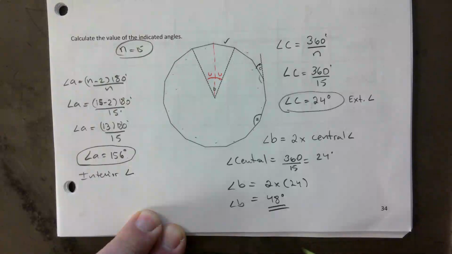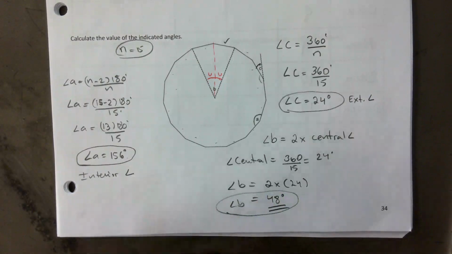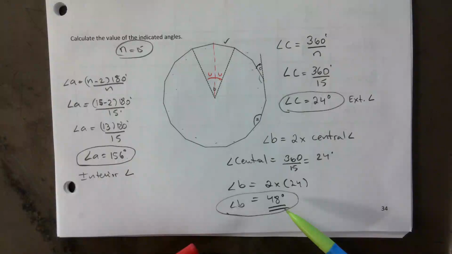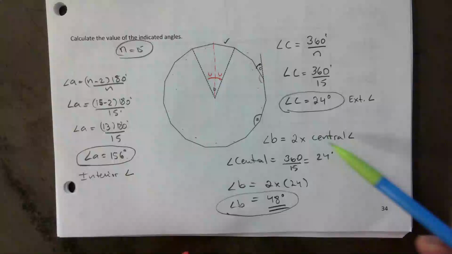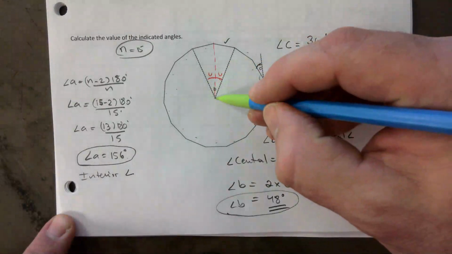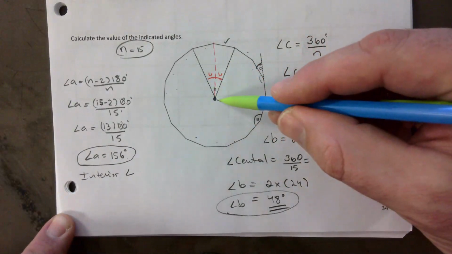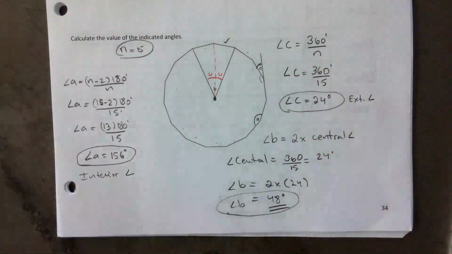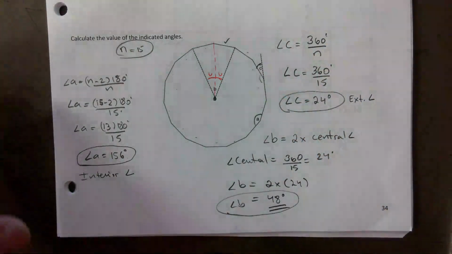We don't have a name for it, to be honest. Like B is just an angle in this case. We cannot say it's the central angle, but we can say it's 48 because we recognize, how did we even come about central angle? We recognize that this is the center, right? And so that's why, oh, central angle must be part of this operation. All right?